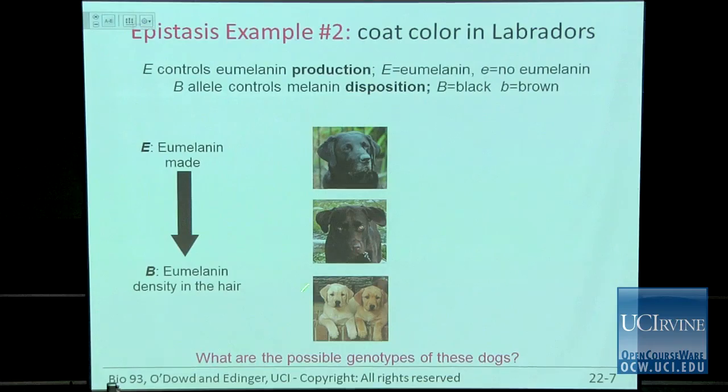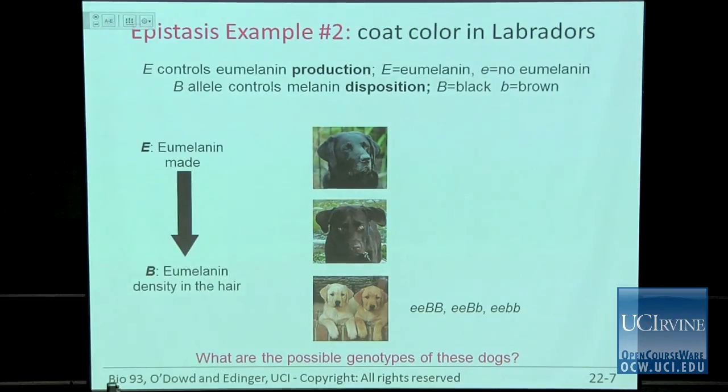Excellent. So what he said, for those of you who could not hear, was these guys have to have two little e alleles. That's why they're golden colored, because they can't make any eumelanin. And it does not matter what's at the B locus, because they don't have any eumelanin to deposit in the hairs anyway. So once you've got two little e's, you know you're set.